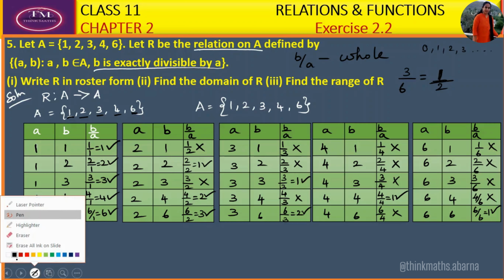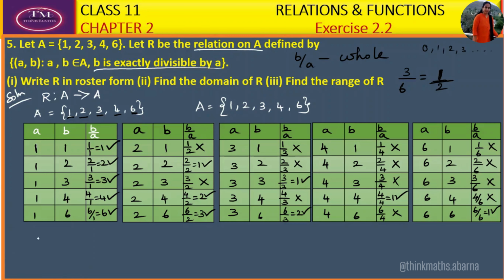Now let us form the roster form for this relation. So R is equal to, here 1 is paired with all other elements, all got the tick. So it is 1 comma 1, 1 comma 2, 1 comma 3, 1 comma 4, 1 comma 6. Now in 2, it is 2 comma 2, 2 comma 4, 2 comma 6.